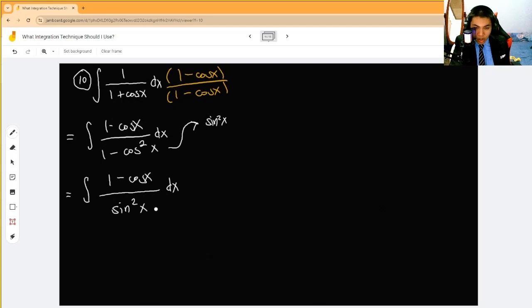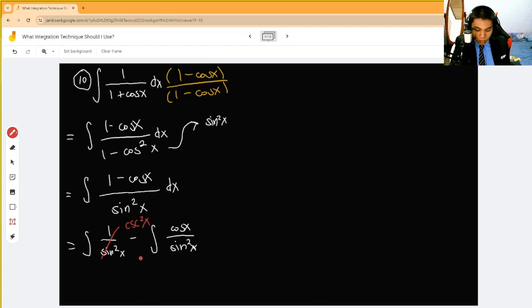We can split this fraction. So we have the integral of 1 over sine squared x minus the integral of cosine x over sine squared x. And we can split this fraction further, and we know that 1 over sine squared x would simply be cosecant squared x.